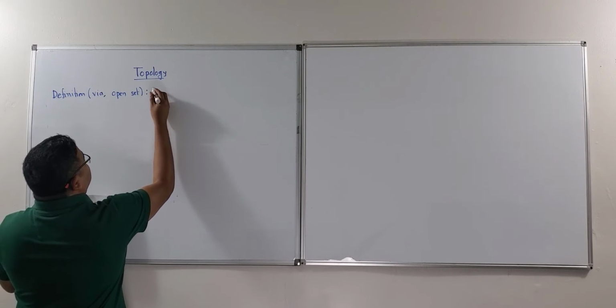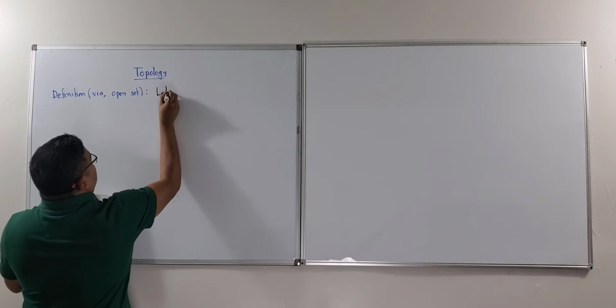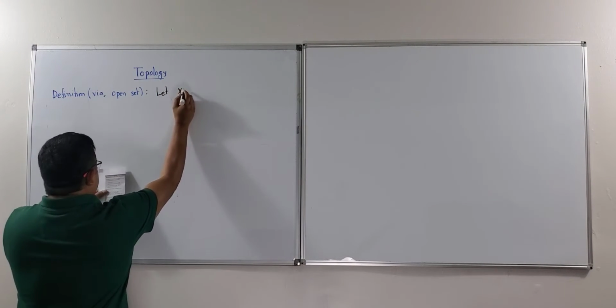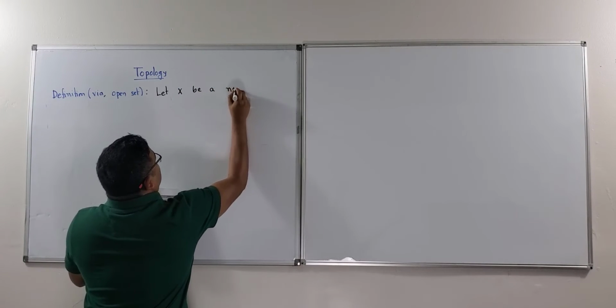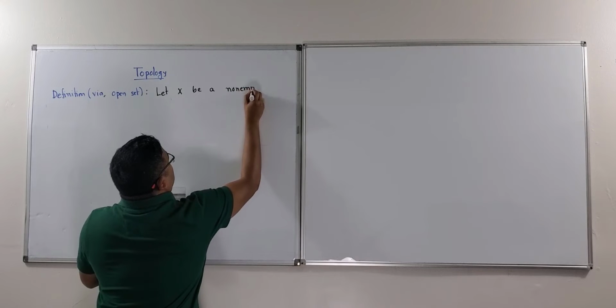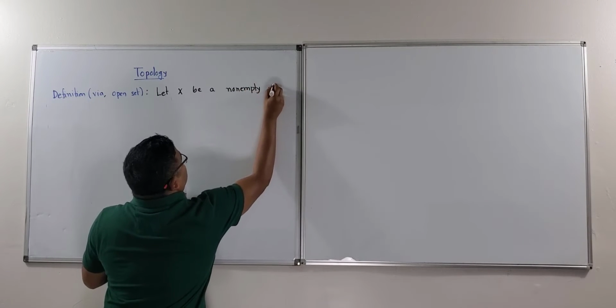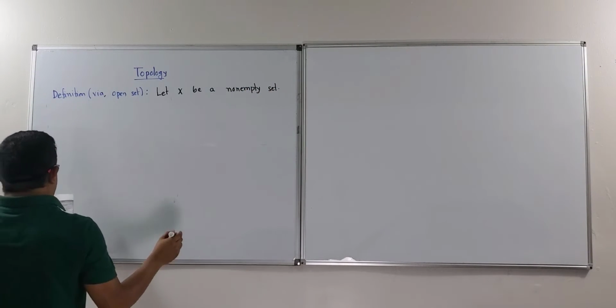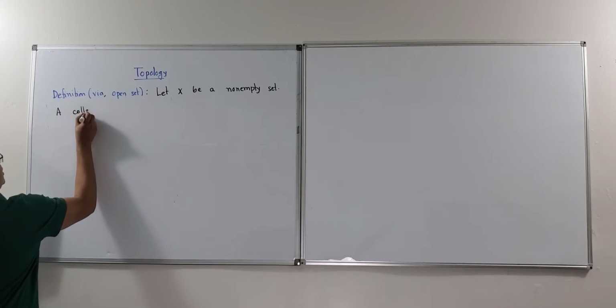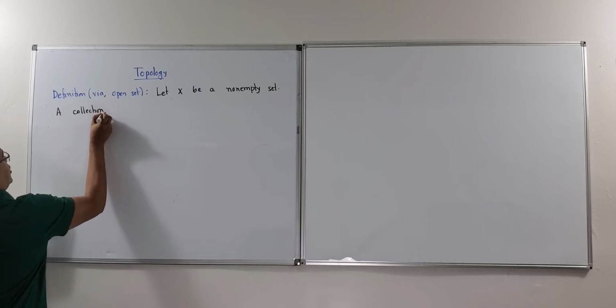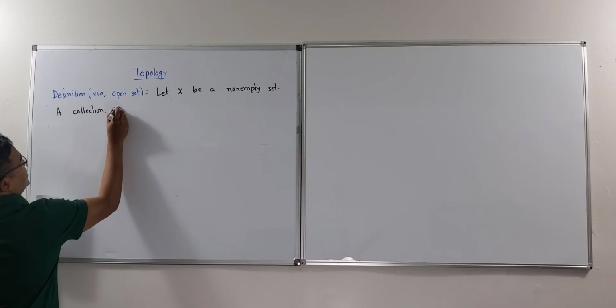So, let X be a non-empty set. Now a collection, we are defining that collection by tau.